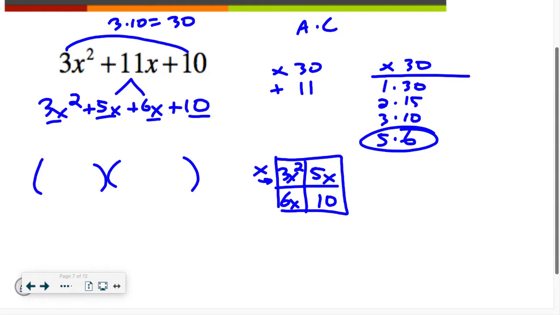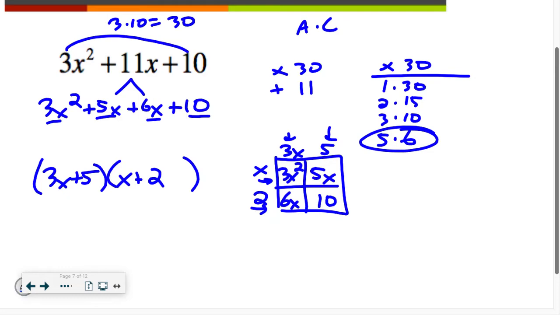After this, I'm just going to think through logically and try to multiply things out. For example, x times something gives me 3x squared. Well, that's a 3x. x times something gives me 5x, that's going to be a 5. 3x times something gives me 6x, that's going to be a 2. And just to double check, 2 times 5, that is 10. So actually, I've got 3x plus 5, x plus 2.